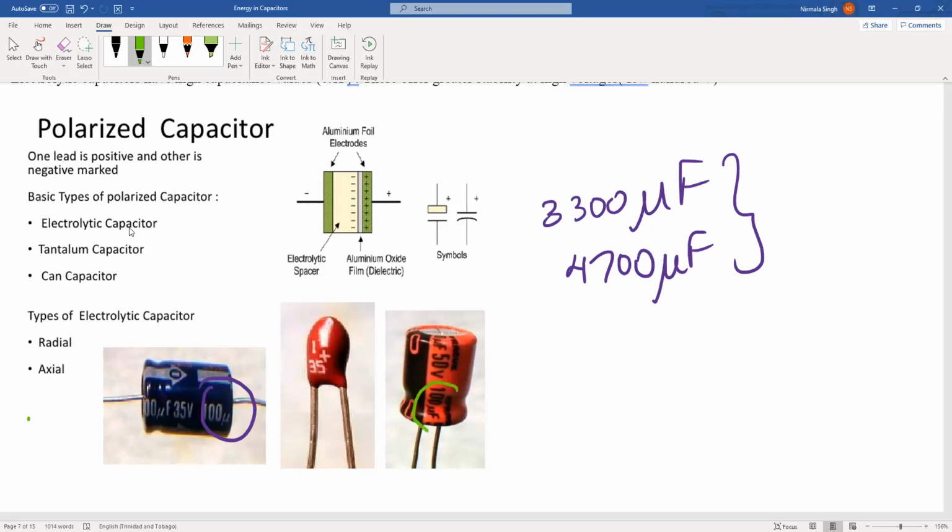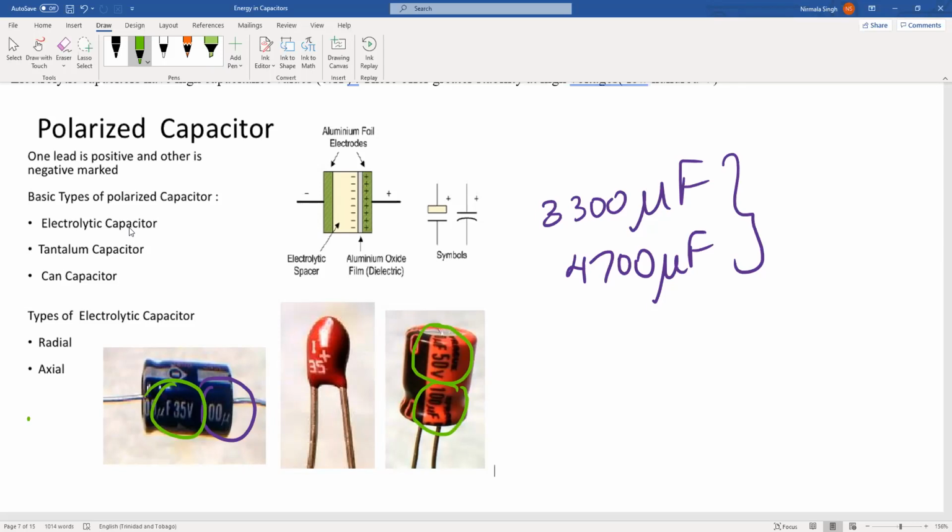Your capacitors will always tell you your capacitance, and then they will tell you the maximum voltage your capacitor can work at, because you can only build up so much PD between your plates. It depends on the makeup of your capacitor. If your capacitor has a very low capacitance dielectric, then it will not be able to store a lot of current.